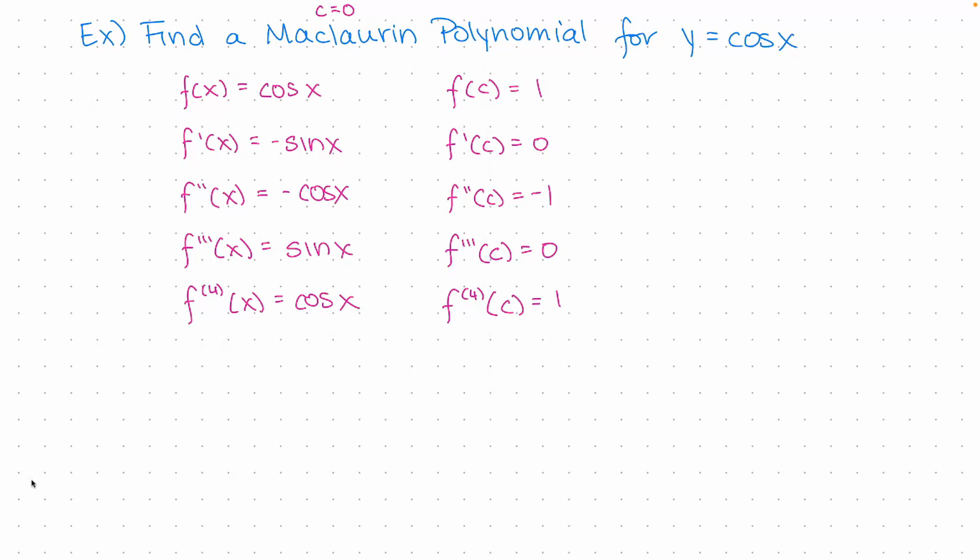Okay. So now let's go ahead and write our Taylor polynomial. Normally we wouldn't have to do this sigma, but I'm doing it here just so we can have it as a reference because it's scrolled off the page. So remember it's k equals 0 to n of the k-th derivative evaluated at c over k factorial times x minus c to the k.